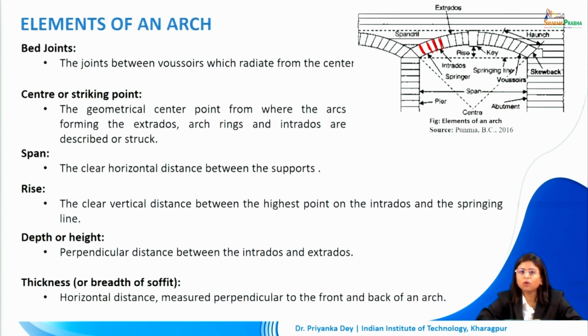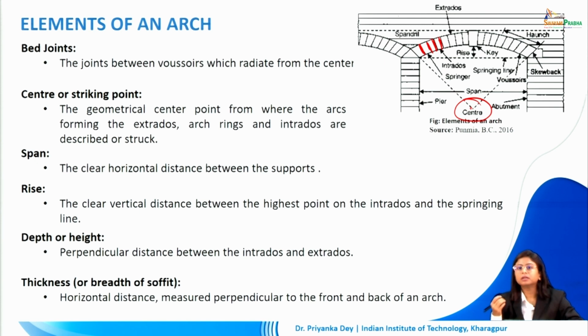The center or striking point is the geometrical central point from where the arcs forming the extradose, arch springs and the intradose are described or struck. So the striking point is going to be right at the center.